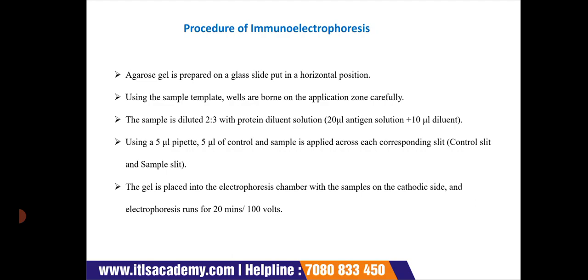So we have already discussed the starting points. After using the sample template very carefully, the sample gets diluted with protein diluent solution in a ratio of 2 to 3. Then you use a pipette of 5 microliters and apply it on the sample.